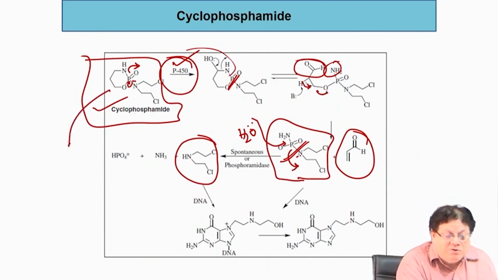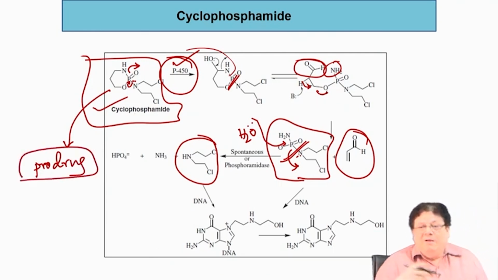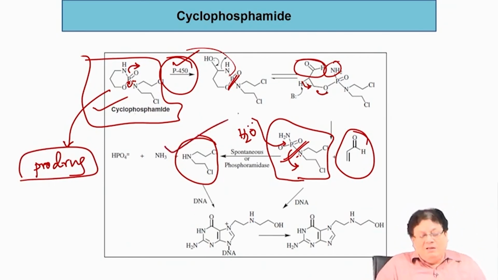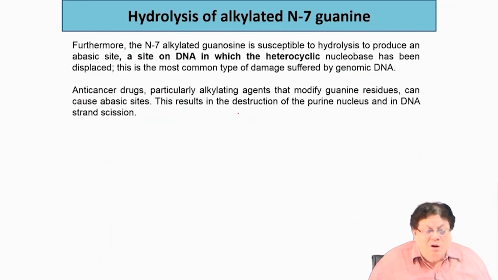So, that means cyclophosphamide is what is called a prodrug. Prodrug means it is not the actual drug, but in the biological system it is activated, and the actual drug is nothing but this compound, and that is released. So, that is all about the nitrogen mustard.